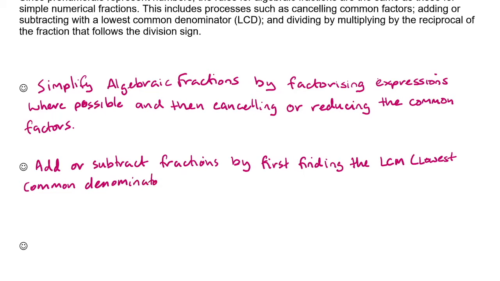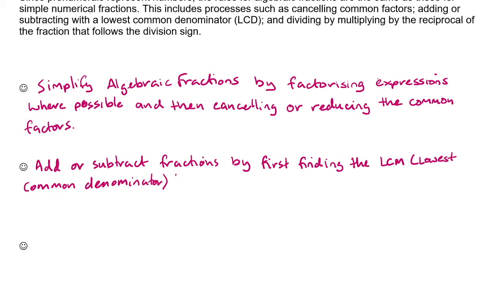That's the bottom part of our fraction. We want to find the lowest common denominator, so the lowest common multiple of our given denominators.